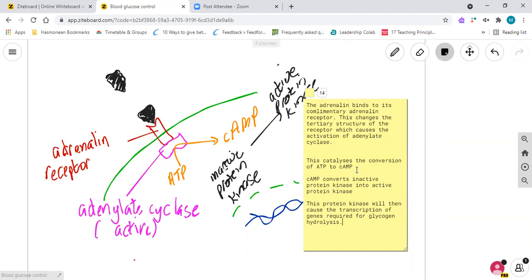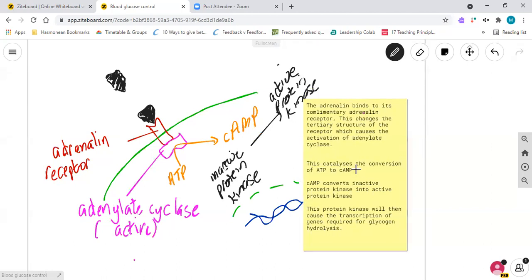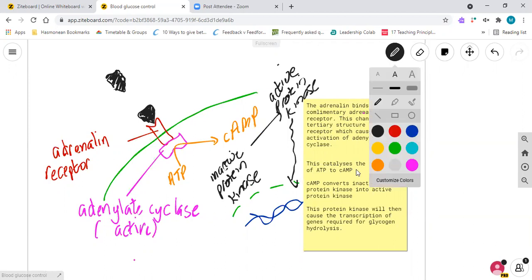So the active protein kinase will then have to go into the actual nucleus and activate transcription.